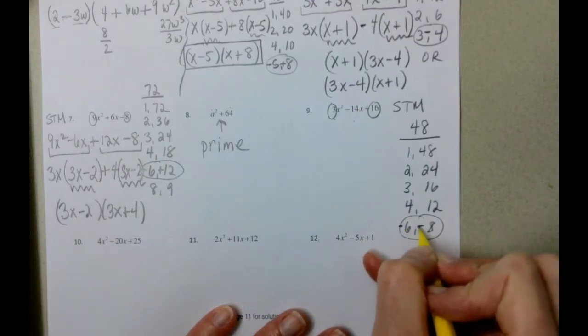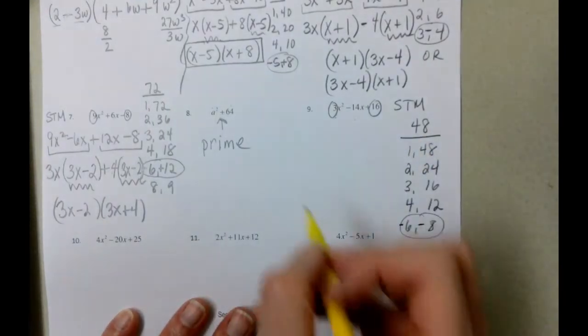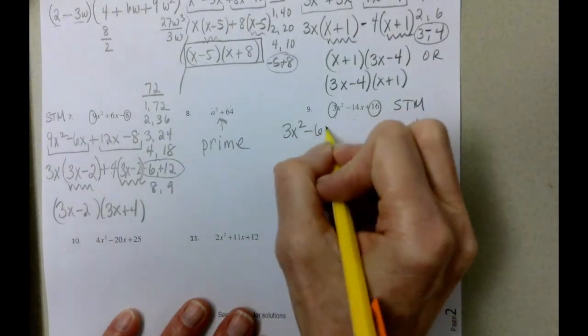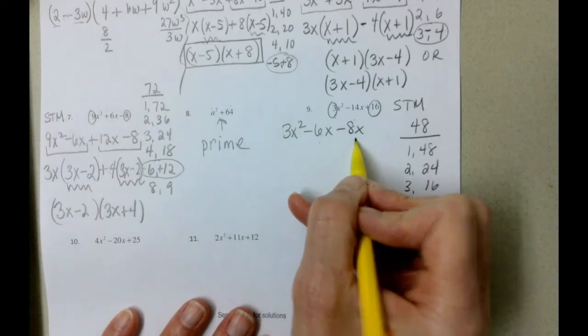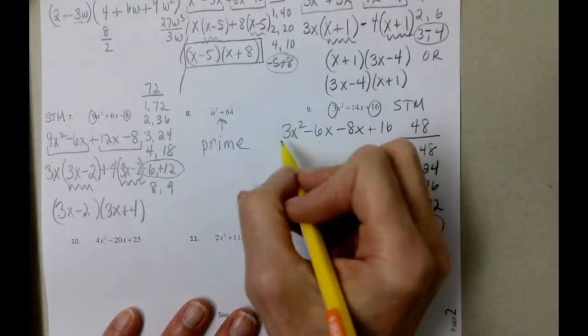It needs to be negative 6 and negative 8, and luckily I've got some space here with 3x squared minus 6x minus 8x. Notice, minus 6x minus 8x gives us negative 14x plus 16. And then we can group.